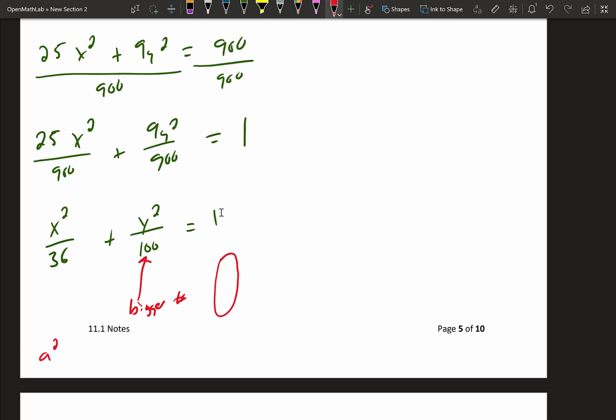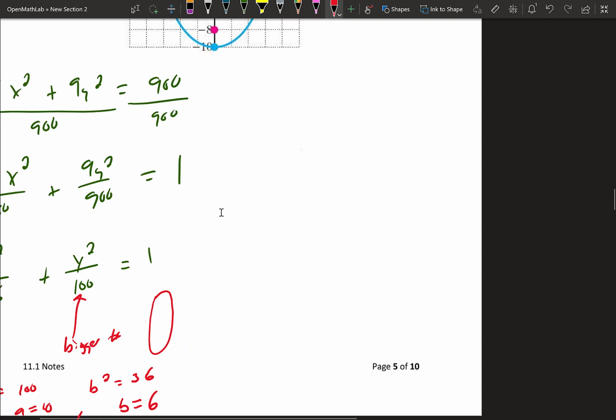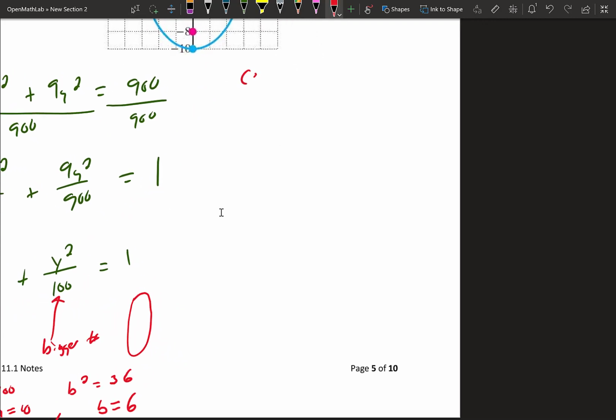So we assign a squared to be that bigger number and b squared to be the smaller number. So that tells me that a is 10 and b is 6. Okay. So we're going to need to know that information. So then the center is at the point 0, 0, of course.